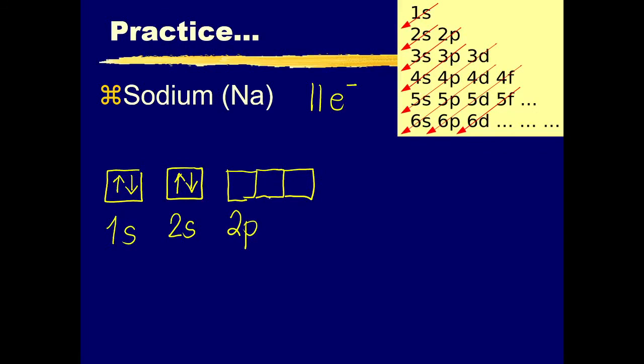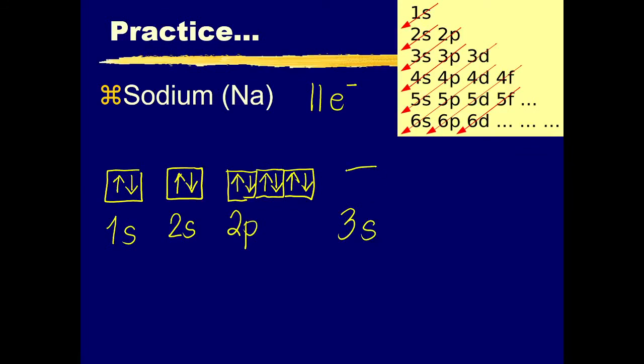7. So let's do counting. We have 1, 2, 3, 4, 5, 6. So we are still lacking one. What comes after 2p? Look at the top here. What is next to 2p? Section Emerald. 3. No. Our order is 3s. 3s. Okay.